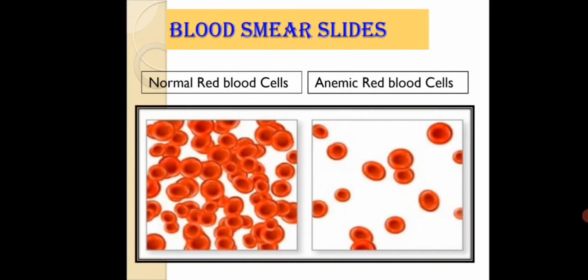So we can see here a blood smear slide, with normal RBCs at one side, like a crowd of normal RBCs, and at the other side anemic red blood cells which are scattered.